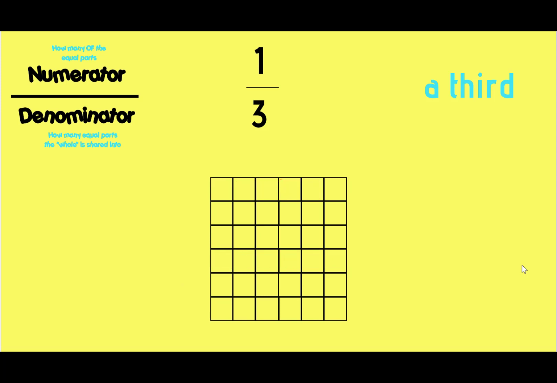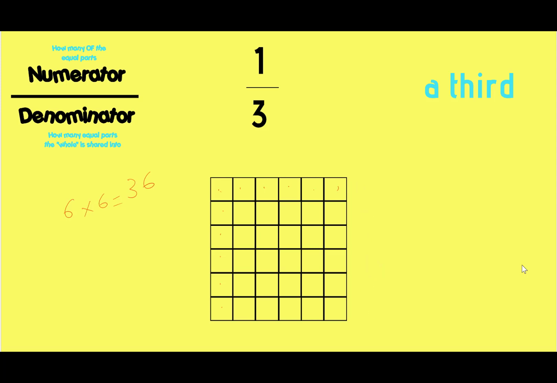Or I might want to count up my squares. So I've got 1, 2, 3, 4, 5, 6 going across, 1, 2, 3, 4, 5, 6 going down. If I do 6 times 6, that tells me how many squares there are altogether. You could count up, but I know that because there's 6 in every row, I can just count up in 6s, or multiply.